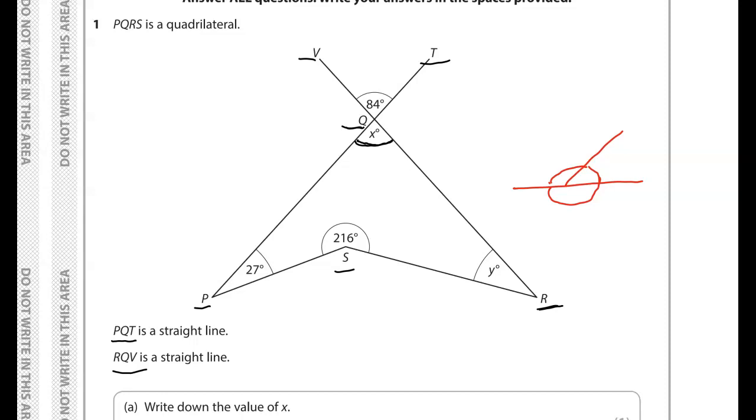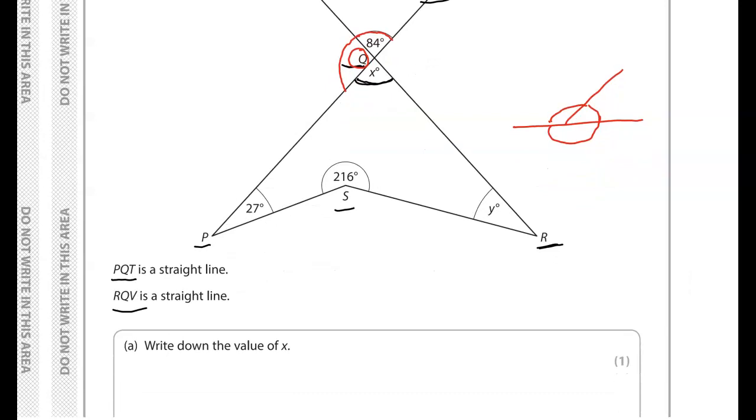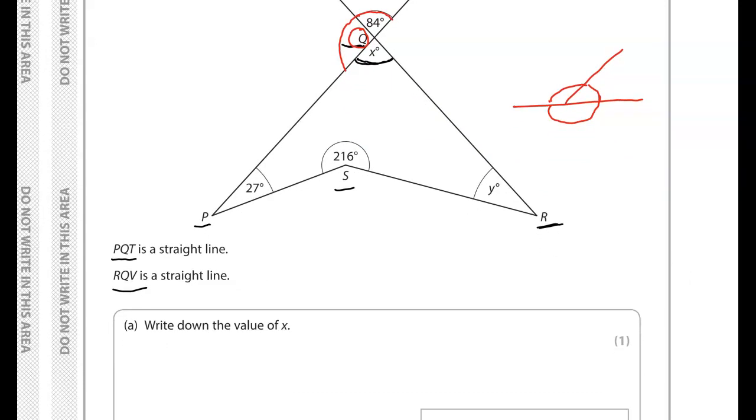We've got this angle Q in here, which with this angle here, both together will make 180 degrees. So what we're going to do is 180 take away 84, which gives us 96.